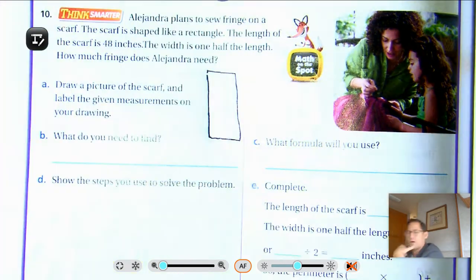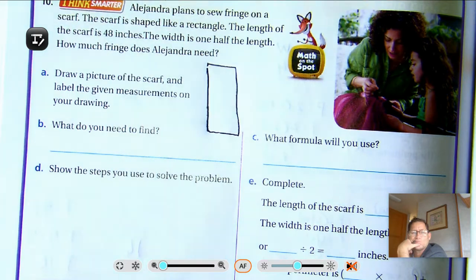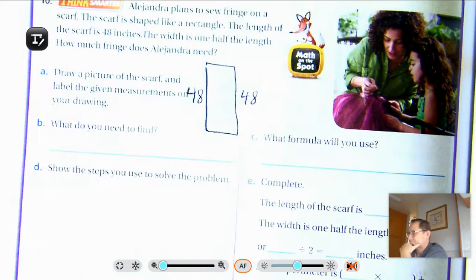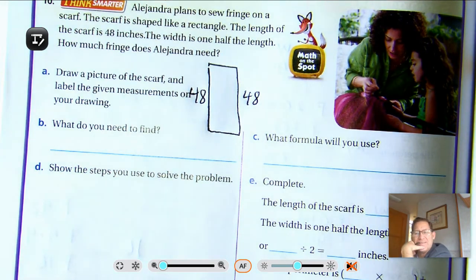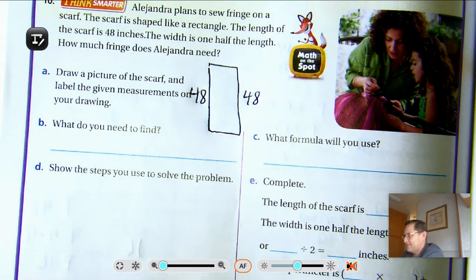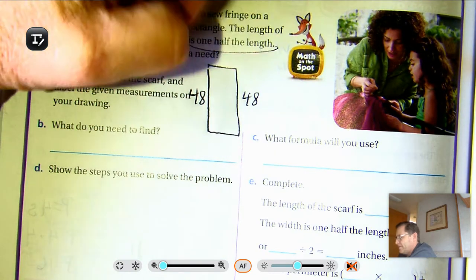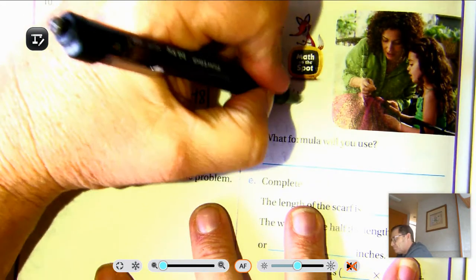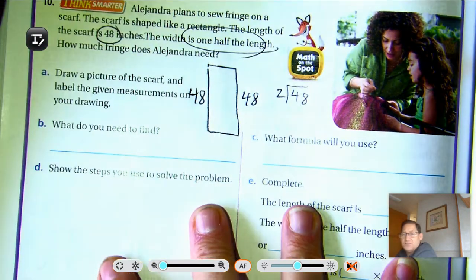It says that the scarf is rectangular shaped and the length is 48. And then it said the width is 1/2 the length. So what's half of 48? 48 divided by 2.